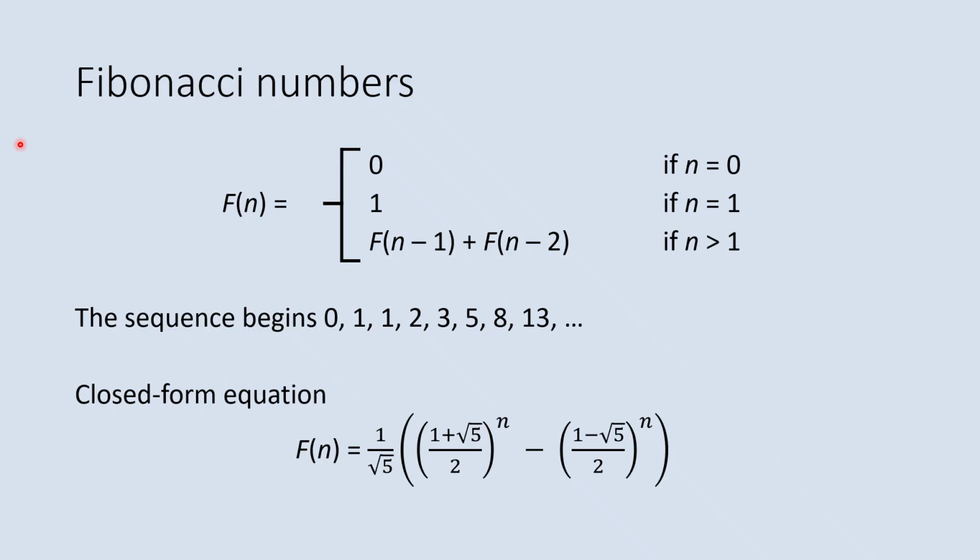The closed form equation has 1 divided by the square root of 5. It has other square roots of 5 involved. We could run into floating point issues with the closed form equation. So mathematically, they're exactly equivalent. In real life and implementation, we may see different things happening.